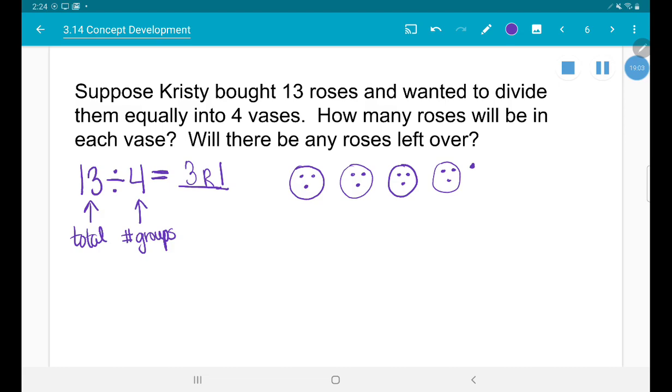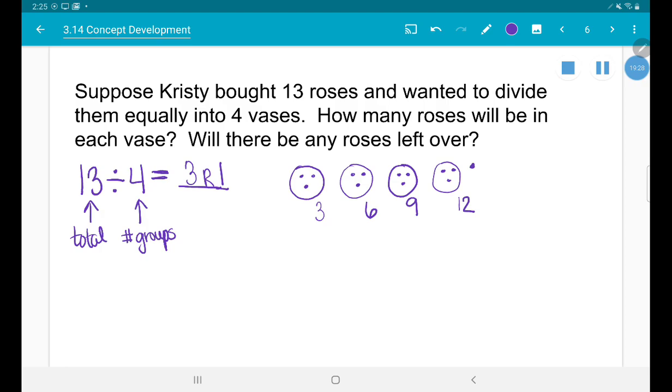Can I skip count by 3s to figure that out? Yes. 3, 6, 9, 12. How many 3s does it take to get as close as I can get to 13? 4. And that's the number of groups. Could I skip count by 4s?